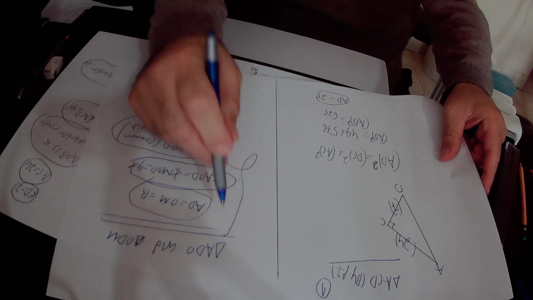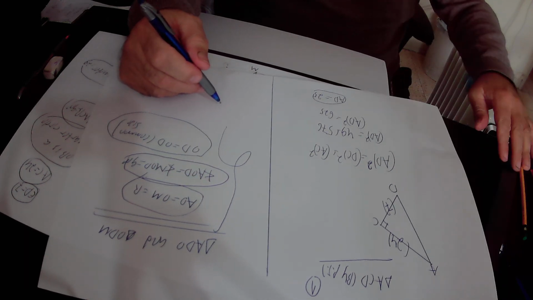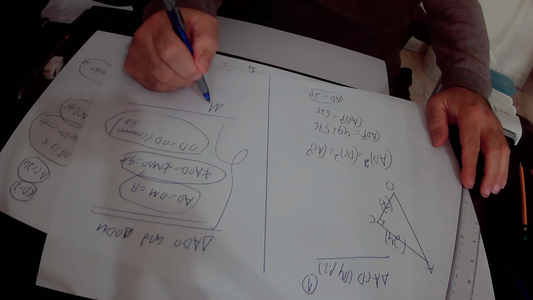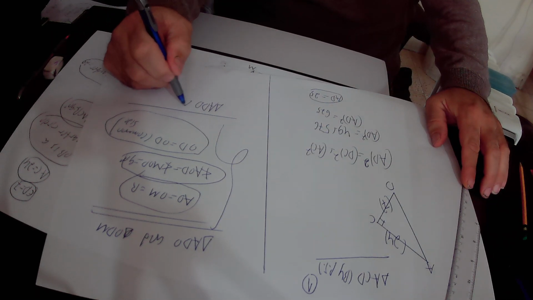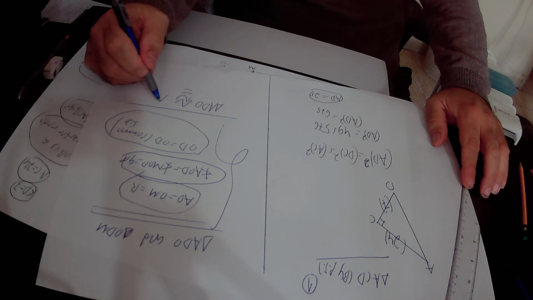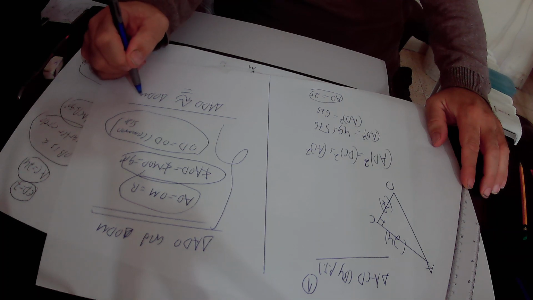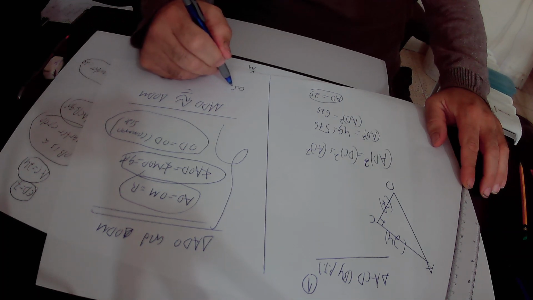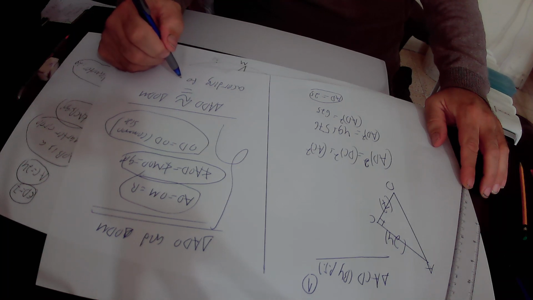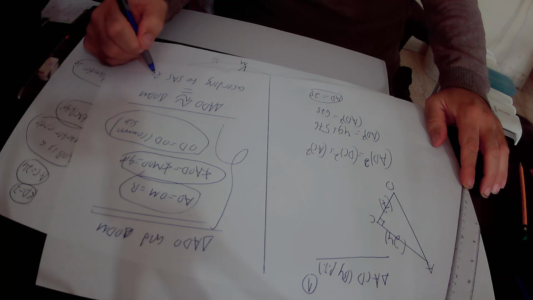So we actually found out that the right triangle ADO is congruent, this is the sign of congruence, to the right triangle ODM according to the side angle side rule.